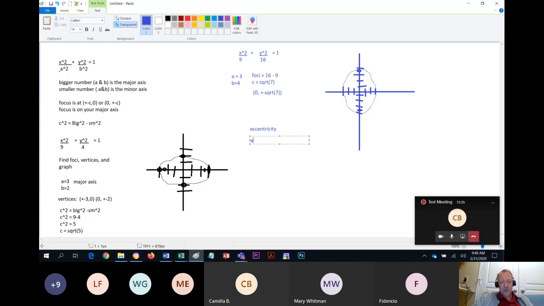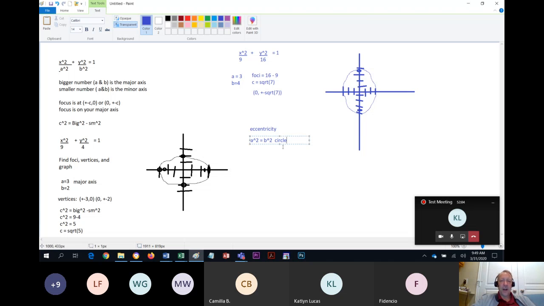What if a squared equals b squared? What would your ellipse look like? I'll throw that out for anybody. Wouldn't anybody know what it would look like? It would be like a circle. That's exactly right. It would be a circle. Okay. So if a squared equals b squared, you've just simply got a circle.